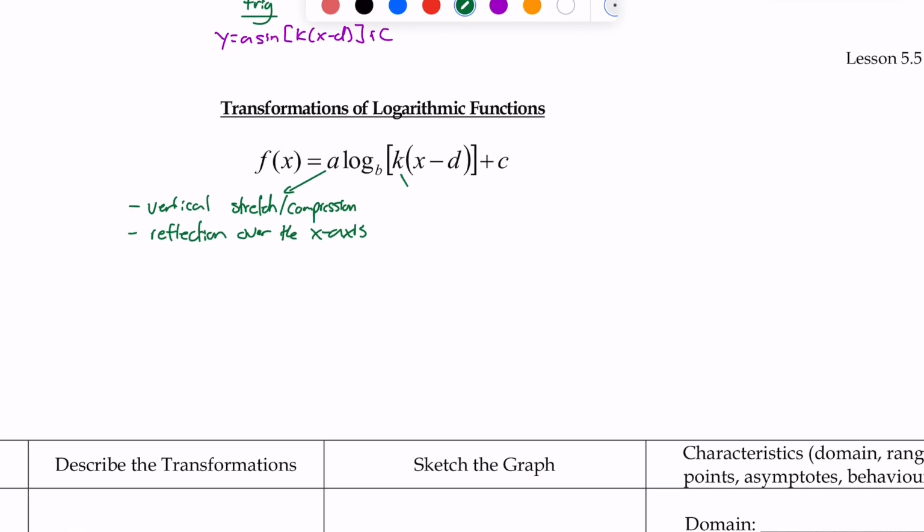Your k variable, that's going to be your horizontal stretch compression. And just as there's a reflection over the x when the A is negative, when the k is negative, there is going to be a reflection over the y-axis. Okay.